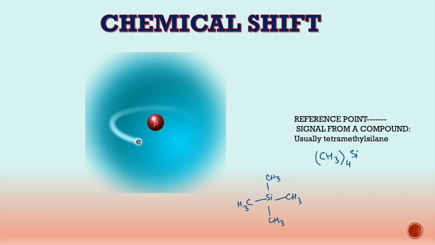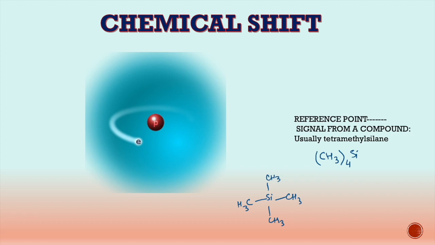Secondly, because the shielding of the protons in the silane is greater than in most other organic molecules, and as a result, most NMR signals appear in the same direction from the tetramethylsilane, and that is downfield. Because silicon is surrounded by 4 methyl groups which are equivalent, which carry equivalent protons, and since they are equivalent protons, we get only one single signal for this particular molecule.